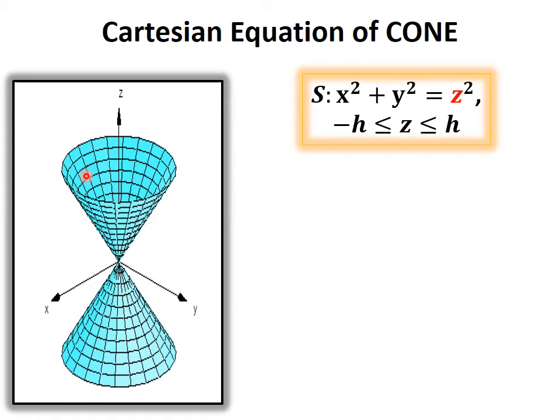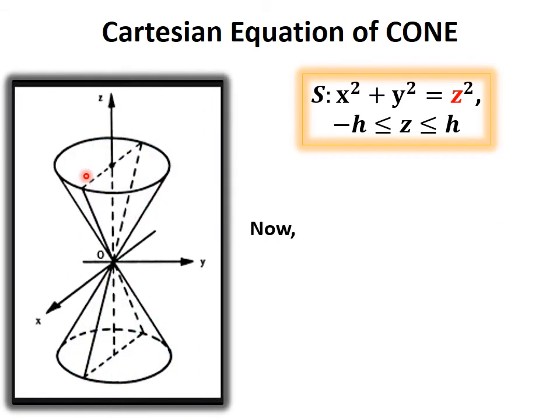For that, first take x equal to 0. What happens to this equation when x is 0? z equal to plus or minus y. You have a pair of lines passing through the origin in the zy plane.